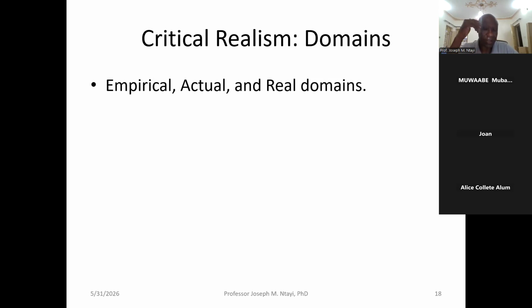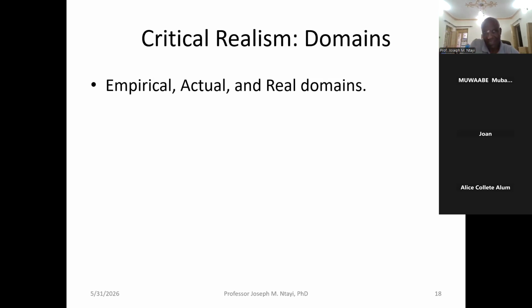Now, the third one is what you call the real. Now, the actual is different from the real. The actual is what occurs, whether it is observed or not observed, it will be there. It is actual. But the real domain is what is constituted by the causal mechanisms that generate what we call observable events.